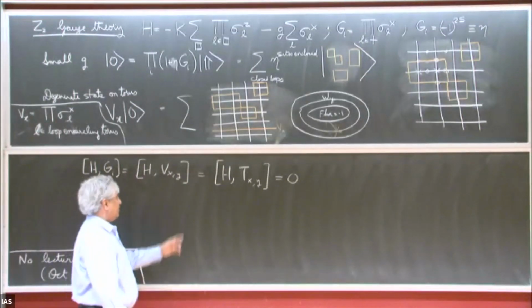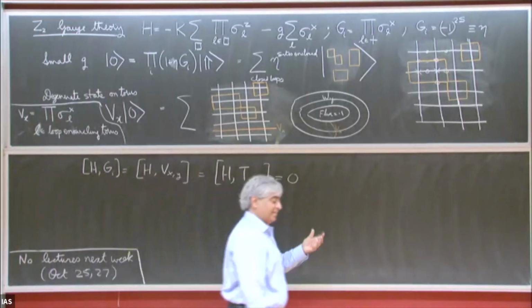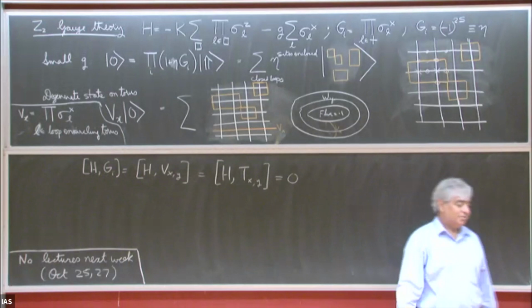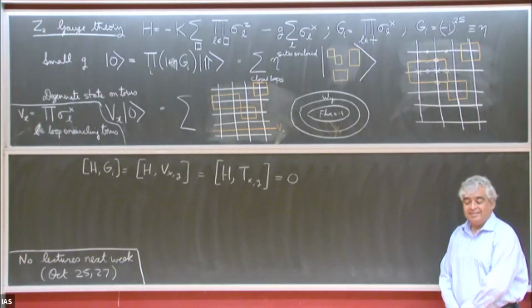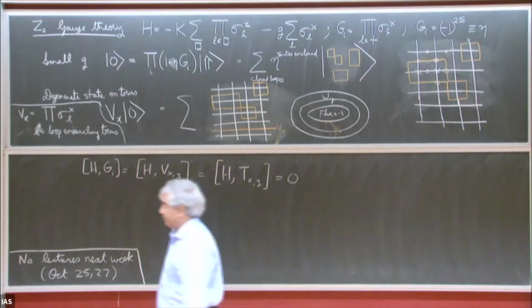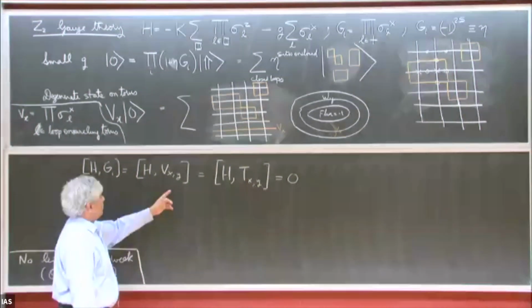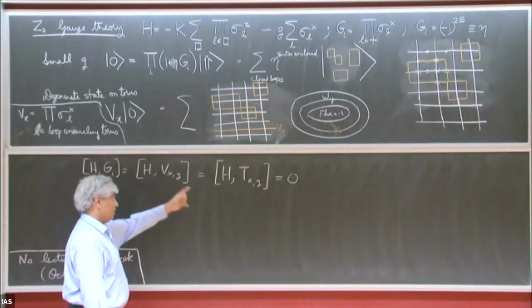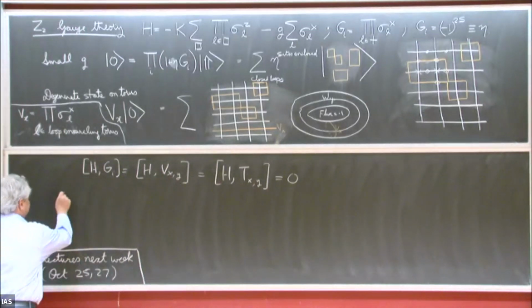So now you can ask about, as when you're doing angular momenta, you have Sx, Sy, and Sz that commute with the Hamiltonian. But then you can ask, what about the commutator between Sx and Sy? It's not guaranteed to be 0. And similarly, let's ask now, in fact, the important commutator would be, for example, the commutator between Tx and Vy. What is that?